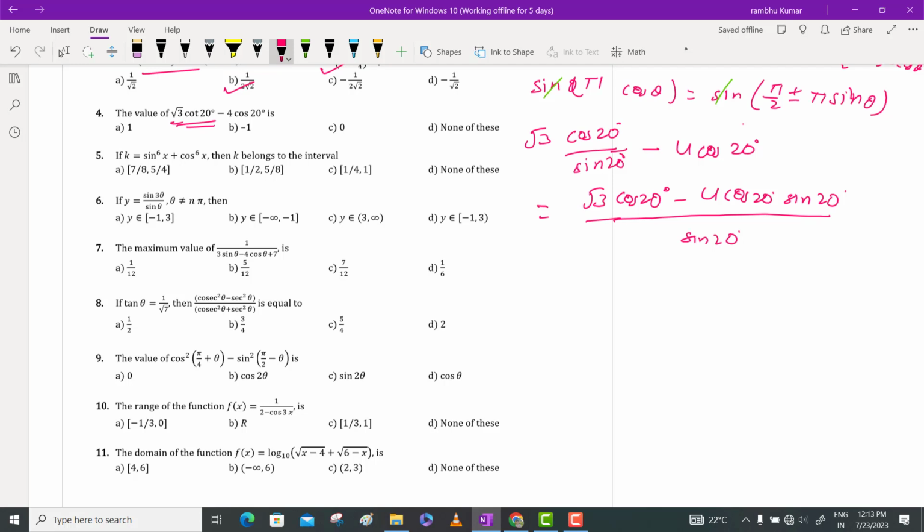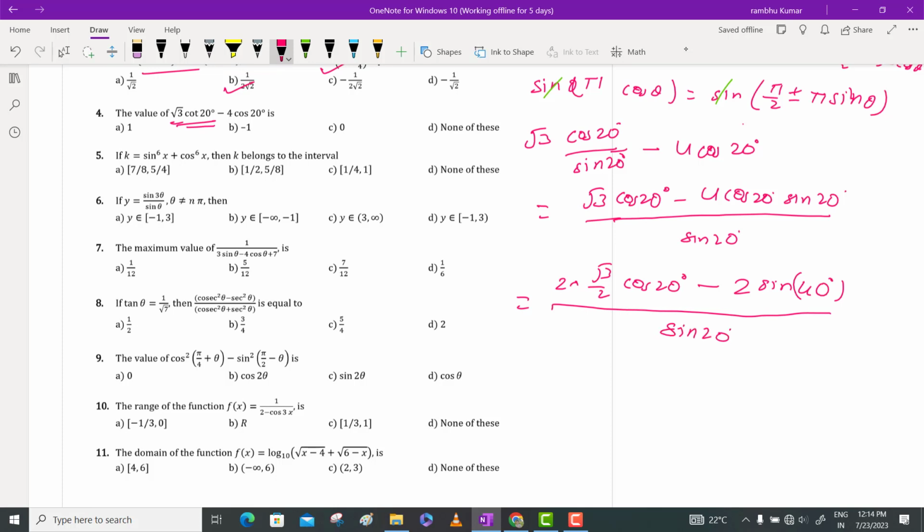Now here root 3 we can write by taking 2 common, something like this, 2 into root 3 by 2 cos 20 minus, now see this cos 20 sin 20 we can write as 2 into sin 40. Okay, now here this is sin 20.